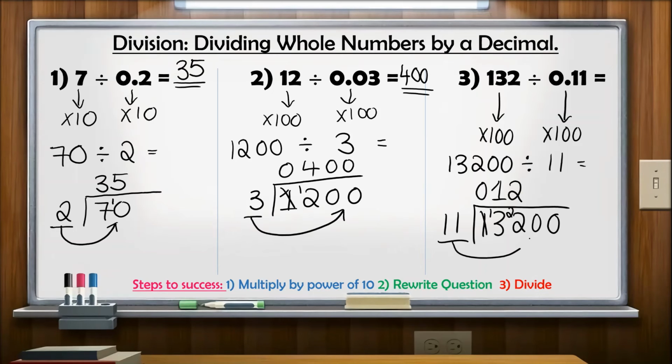And then how many 11s are there in 0, which is 0? And how many 11s are there in the final 0, which is 0? So the answer to 132 divided by 0.11 is the same as saying 13,200 divided by 11, which is 1,200. And there you have it.